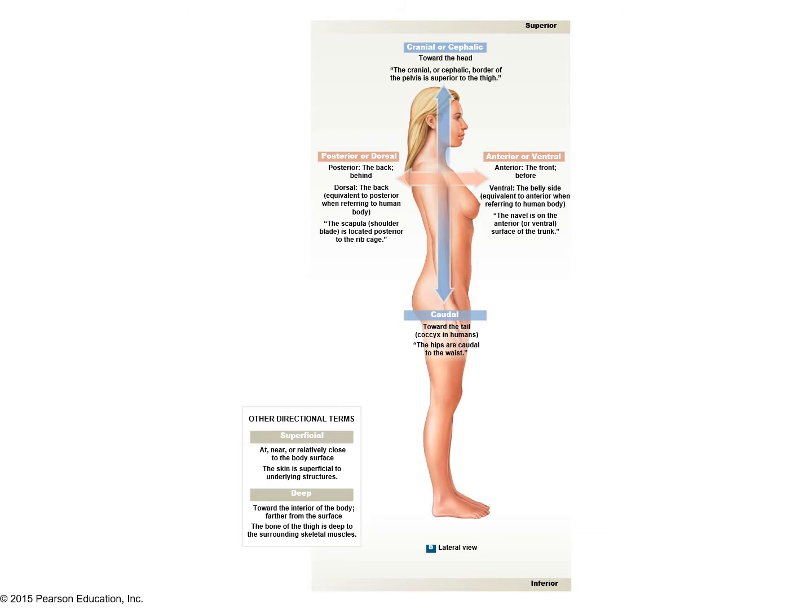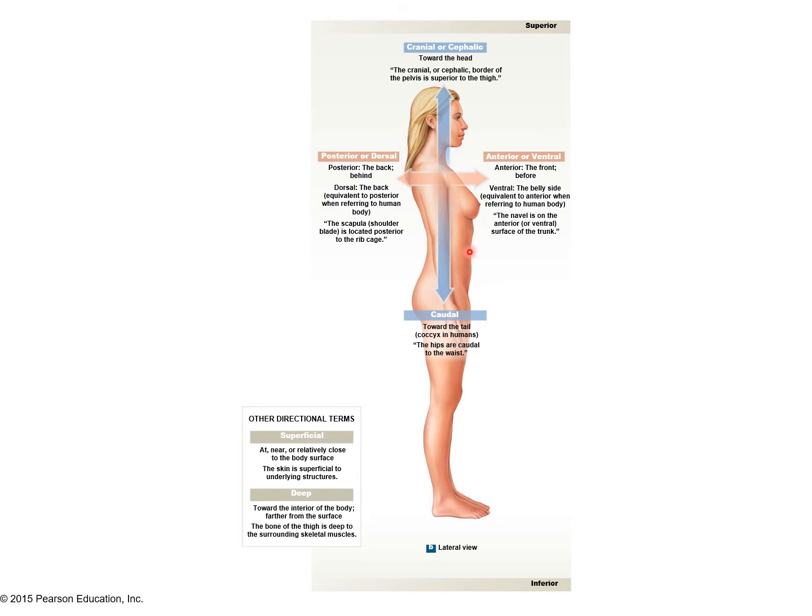Some more directional terms. We've got front and back, but we don't say front and back. Instead, we say anterior and posterior. Another term for anterior that I want you to know is ventral, and another term for posterior is dorsal. So you would say that your belly is anterior to your back, right?